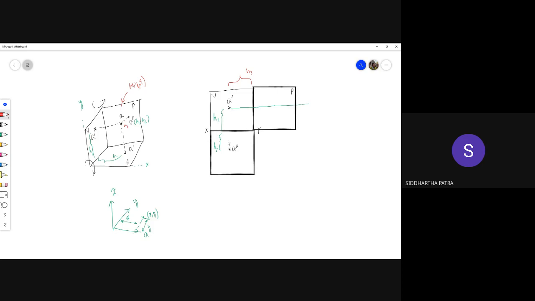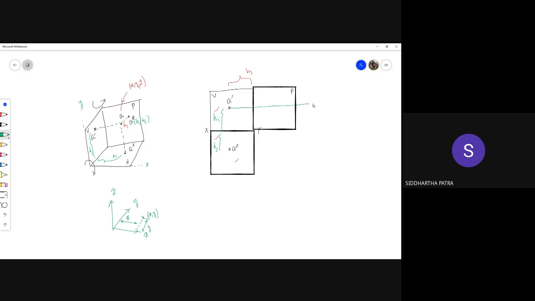So once you are given the distance from the horizontal plane, which is h1, and the distance from the vertical plane, which is h2, you should be in a position to draw that point on the profile plane itself. At first you can start with the position on the vertical plane and the position on the horizontal plane, and then project that point back to the profile plane, and that is what we are learning right now.